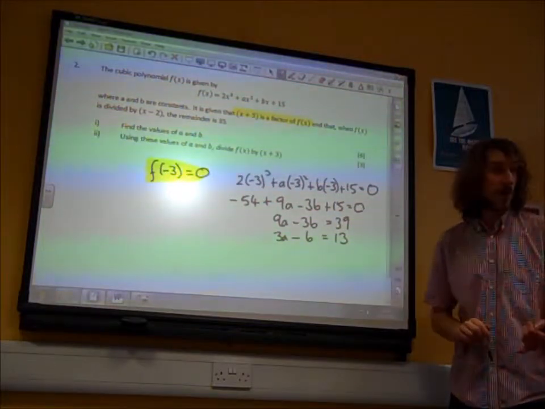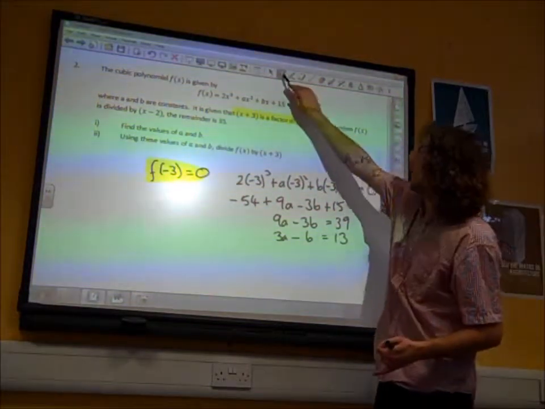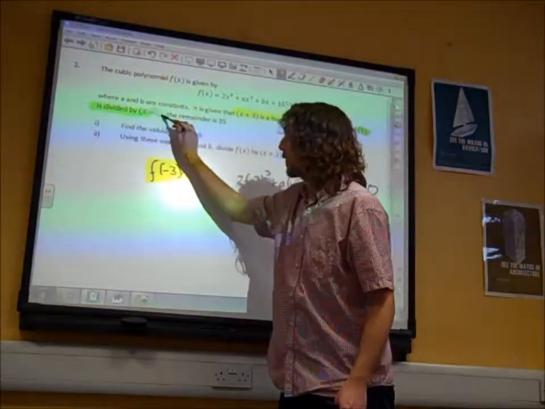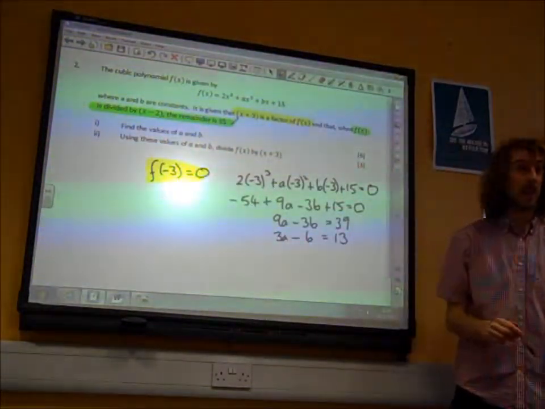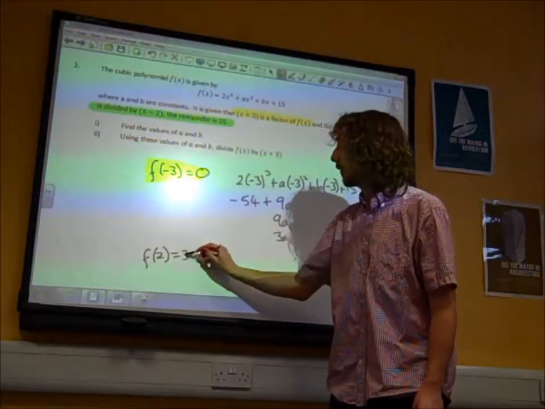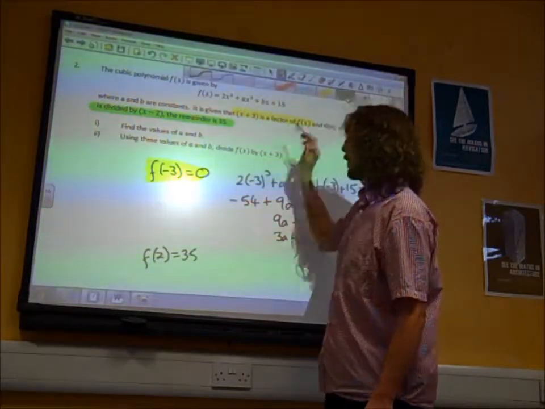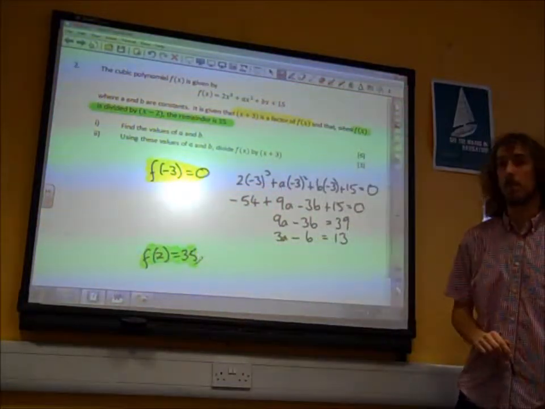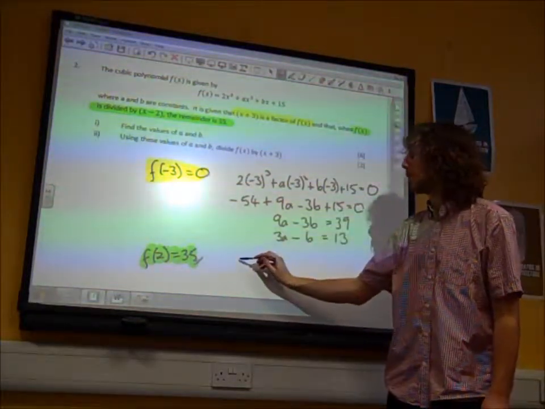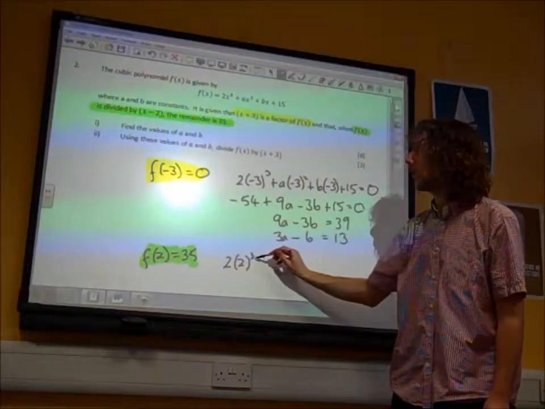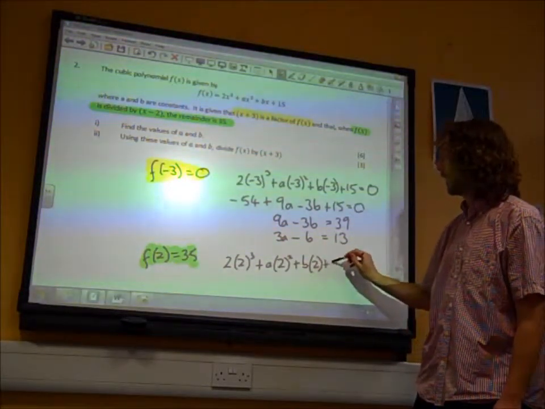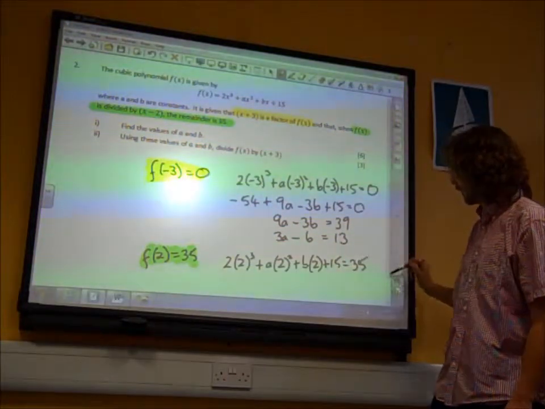So we've got one equation that links a and b together. But look, we've got another bit of information up here. We were told that when f of x is divided by x minus 2, the remainder is 35. That bit there tells us that f of 2 is 35. So we've managed to link that bit of information as well. That means if we put 2 into this, we get 2 lots of 2 cubed plus a times 2 squared plus b times 2 plus 15 is 35 this time.